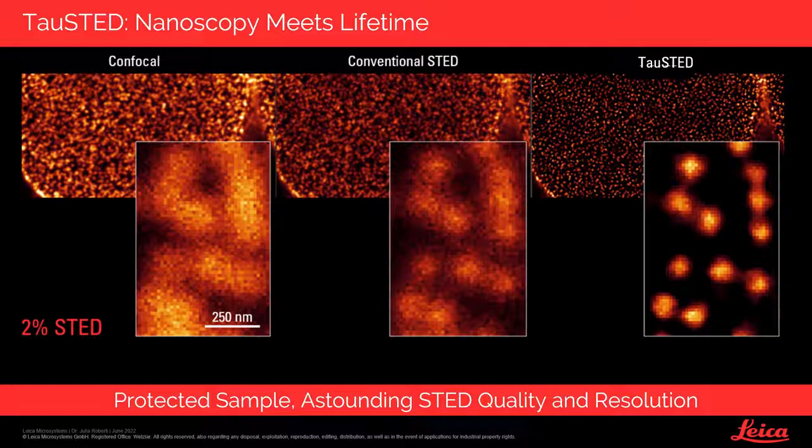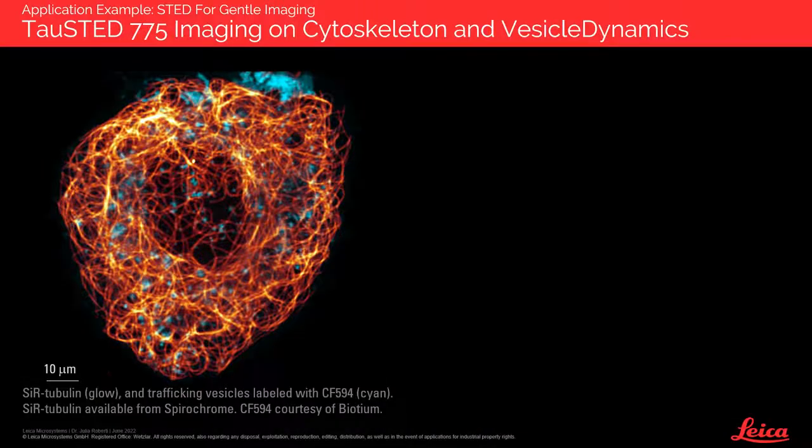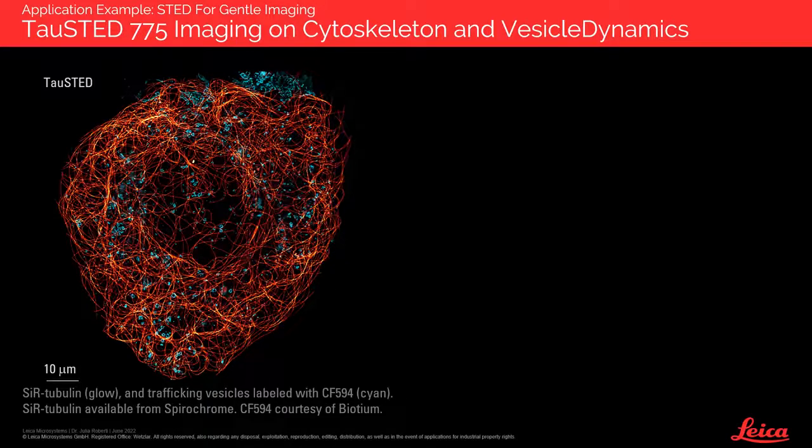This means we can apply tau-STED to resolve the structural details now on our vesicles, going from confocal to tau-STED, as you can see here, where we have vesicles, in this case labeled with CF594, and we also have a second label, tubulin, that we use to label the microtubules.